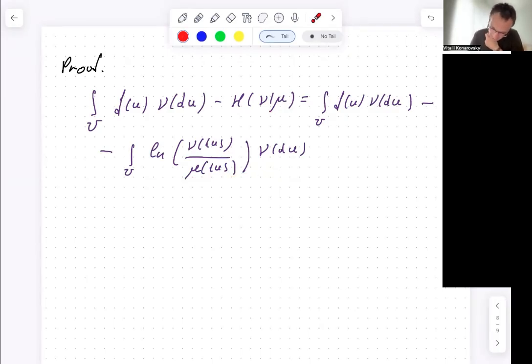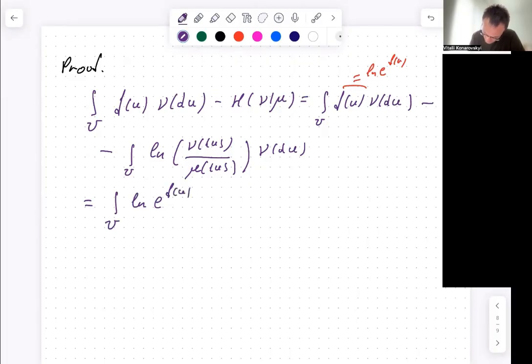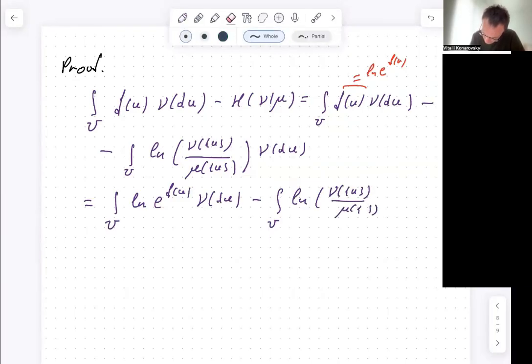And then let's do the following trick here. Let's write this function f as the logarithm of the exponent of the function f of u. It is equal to the integral over U of logarithm of exponent f of u nu du minus the integral over U of logarithm of nu of u divided by mu of u, nu du.